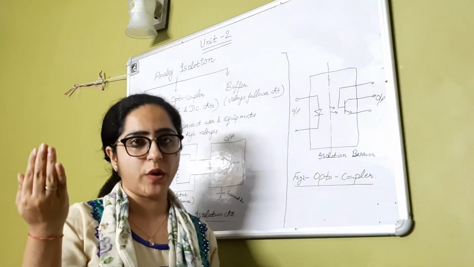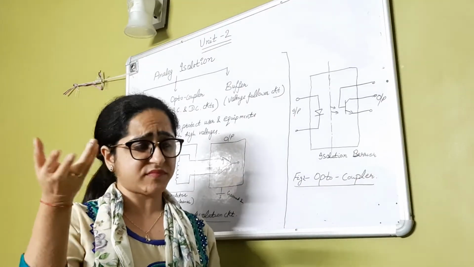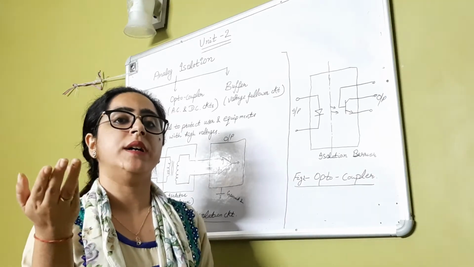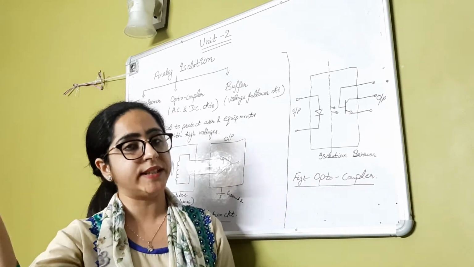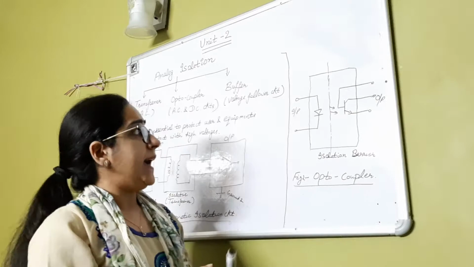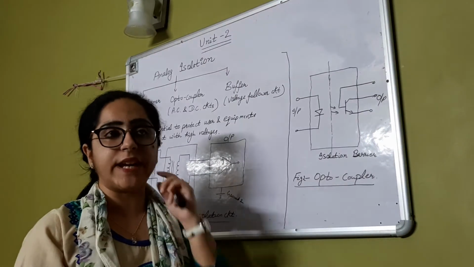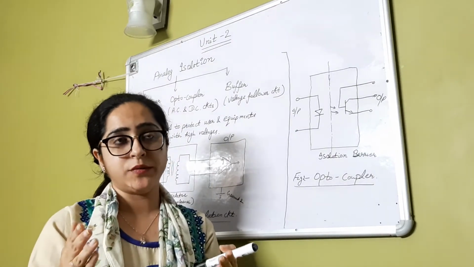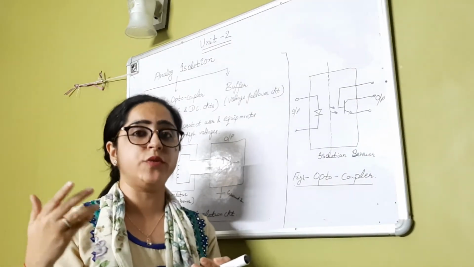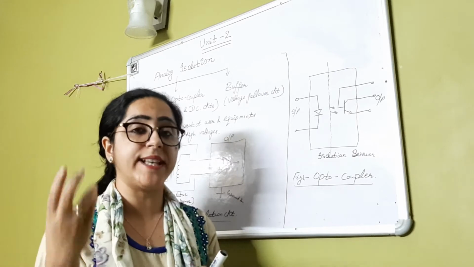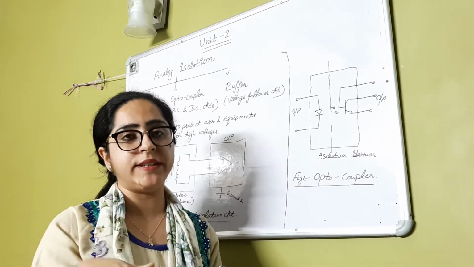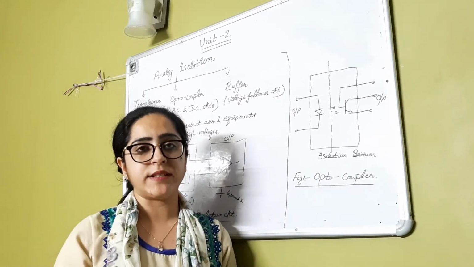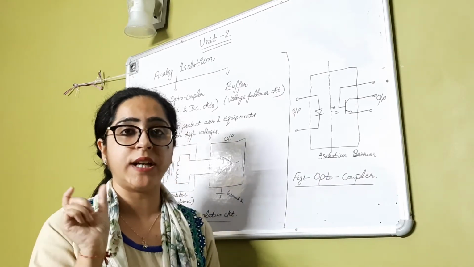Whatever the input voltage is, the same will be available at the output side. And the voltage follower circuit is generally used in the sample and hold circuit before the ADC, just for isolation of the ADC, so that when the input is going to the ADC, it will not fluctuate during the conversion process.